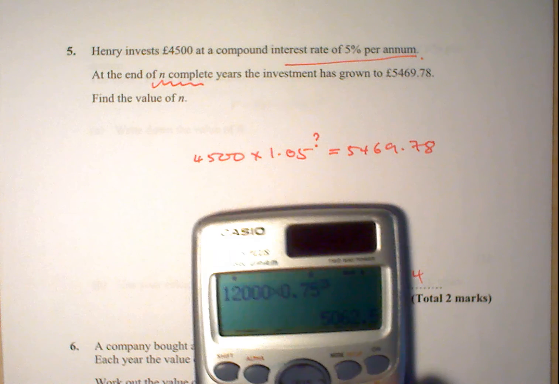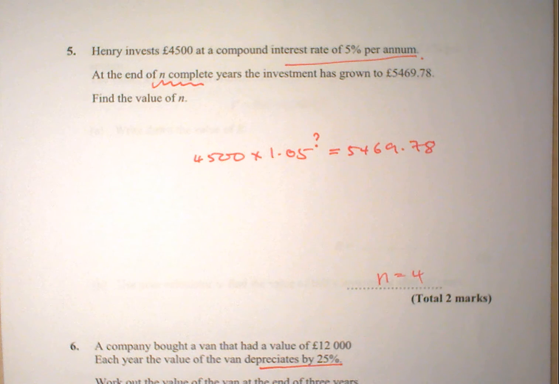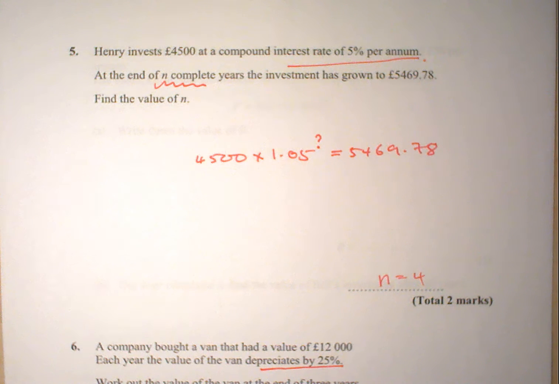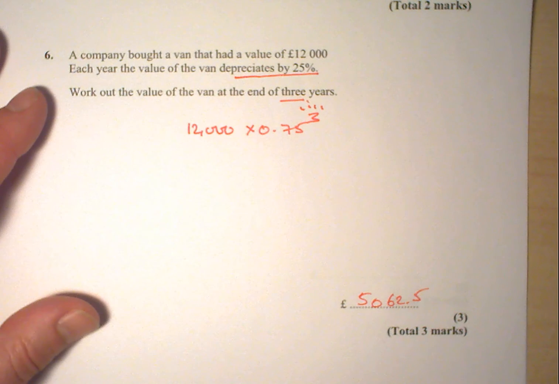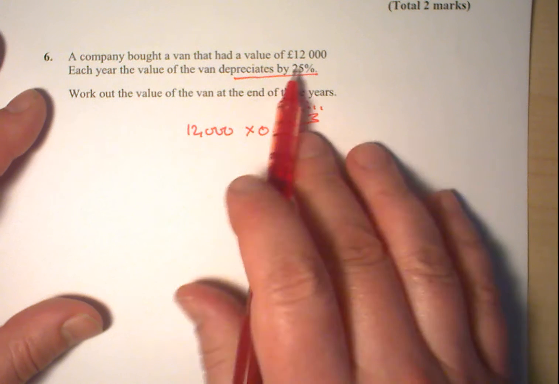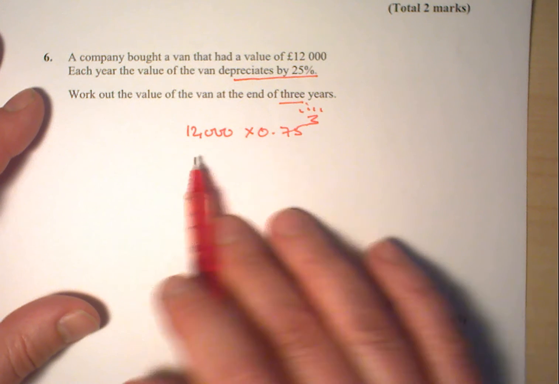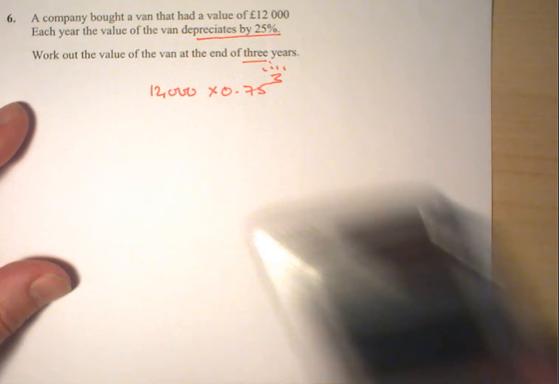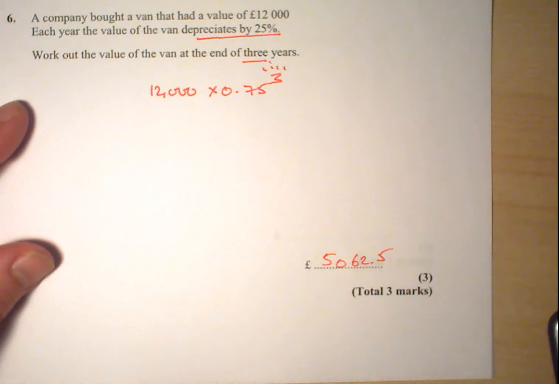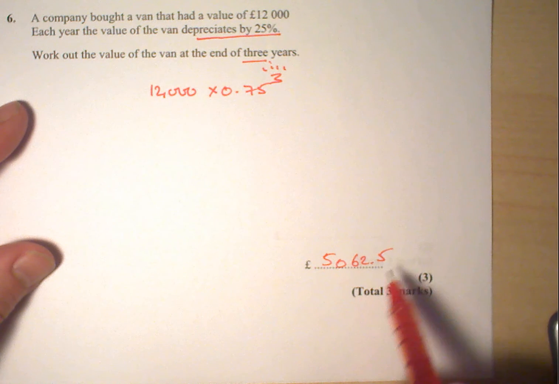Is that right? 12,000, 3 zeros. That looks okay. So that is 5062.5. 25% reduction, that's the multiplier, 3 years, 12 grand. I just put that on a calculator, and I've got the answer, £5,062.50.